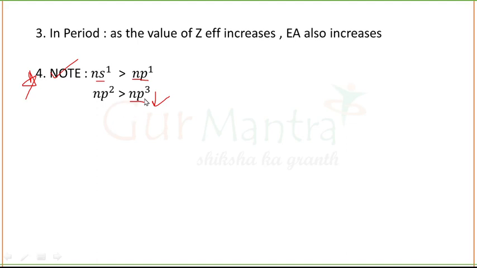As you can see, np3 is a stable half-filled condition, that's why it has less electron affinity compared to np2, because np2 has 2 electrons in its outermost shell. When it accepts a single electron, it will get a half-filled condition, and this will make it stable.